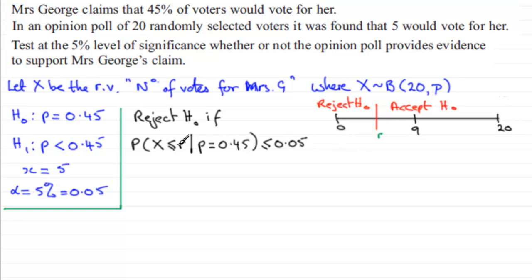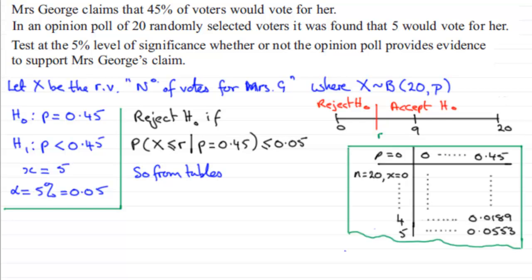And to work out this critical value, we can look in tables. The type of tables that we're going to work with are the cumulative distribution tables for the binomial distribution. I've got an extract here where we look under p being 0.45, n is 20, and we look down this column for a value of r that gets as close as we can to the 5%.